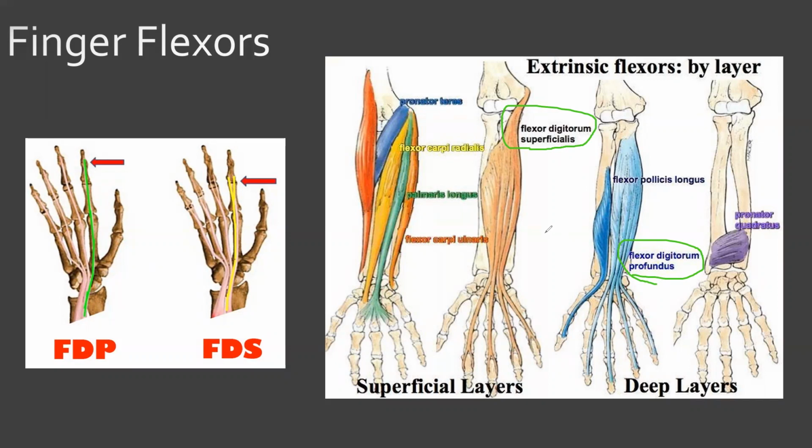Profundus is deep, so it is going to go all the way to the end, which means it goes to the DIP joint. And it makes sense because you can't have a superficial muscle go farther than the deep muscle. They wouldn't stack correctly like that. You would experience too much active insufficiency for that to happen.